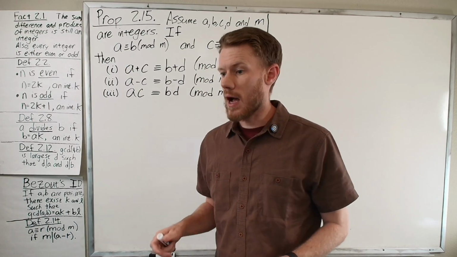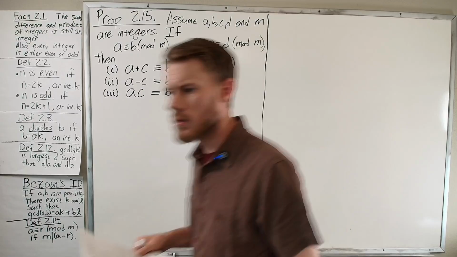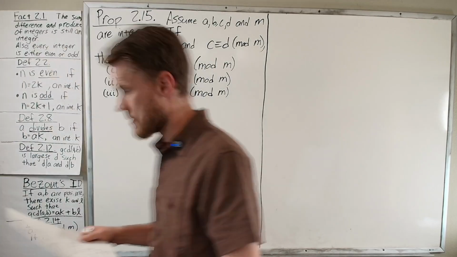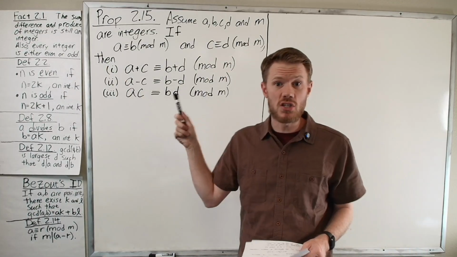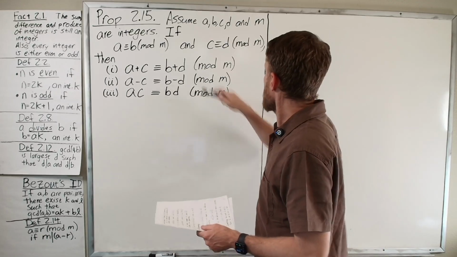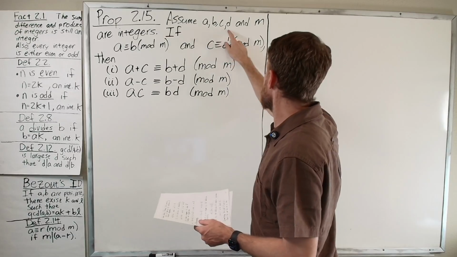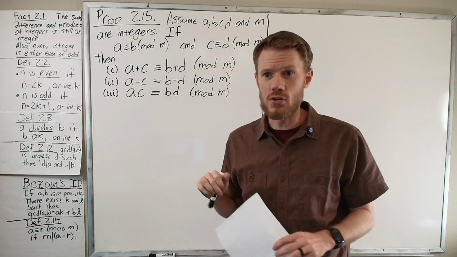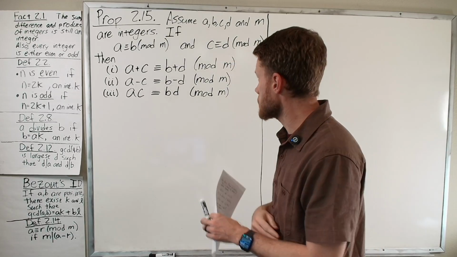Now, I want to discuss, is this the right page? Yes, this is. Okay. Proposition 2.15 from the book. So in this proposition, we are assuming A, B, C, D, and M are all integers. Okay, so those are integers.